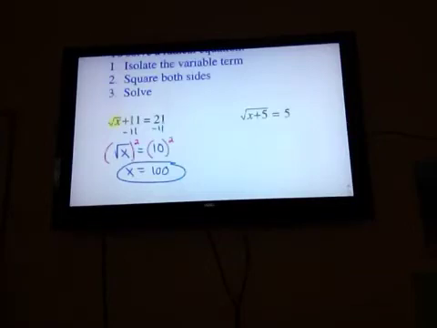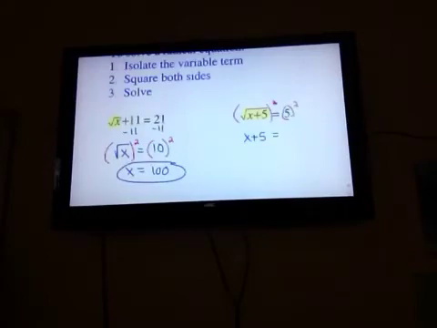All right, next question. I have to get the radical by itself. So this is what I need by itself. The whole radical term needs to be alone on one side of the equal sign. So once that happens, you're going to square both sides. So when I take the square root of x plus 5 and square it, I just get what's underneath, x plus 5.